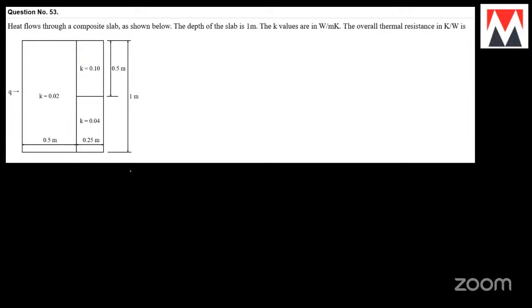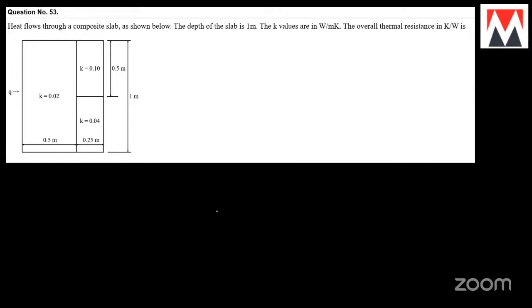Heat flows through a composite slab as shown in the figure. The depth of the slab is 1 meter. The K values are in watt per meter Kelvin.